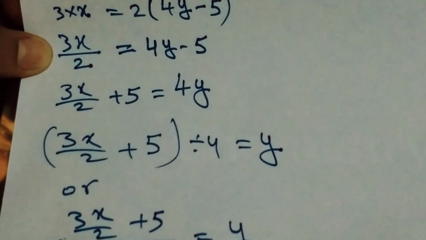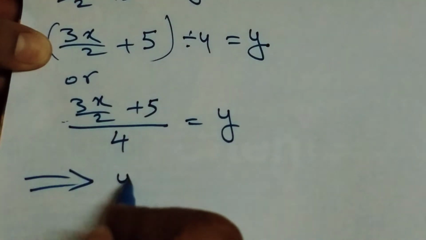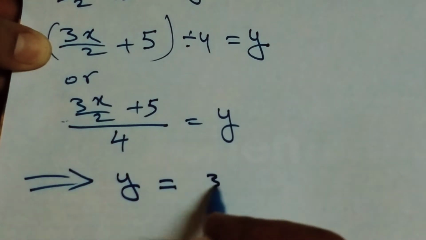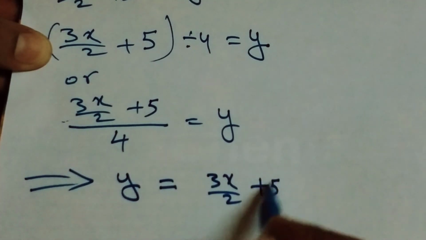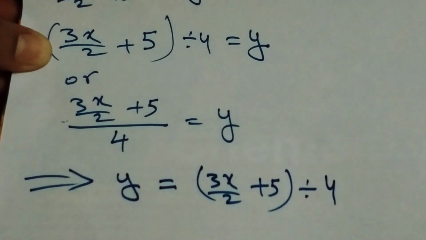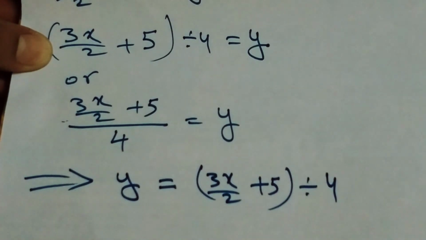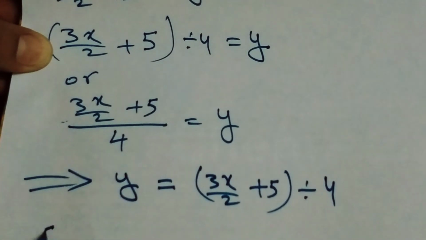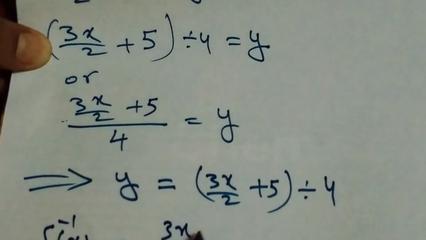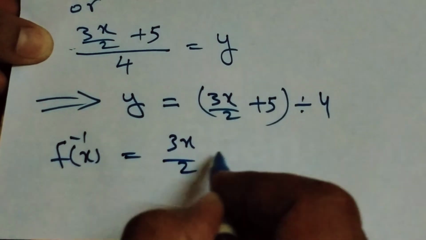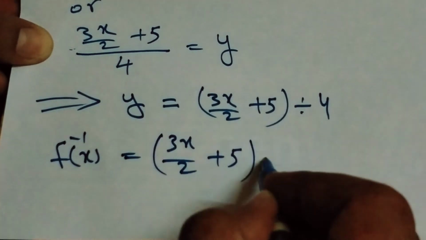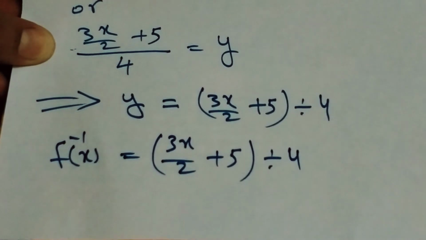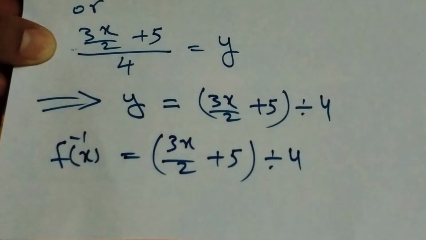So you can also write it like that: y equals (3x over 2 plus 5) divided by 4. And this y we will again replace with f inverse of x, which will be (3x over 2 plus 5) divided by 4. This is our inverse function. Hope my dear you have understood now.